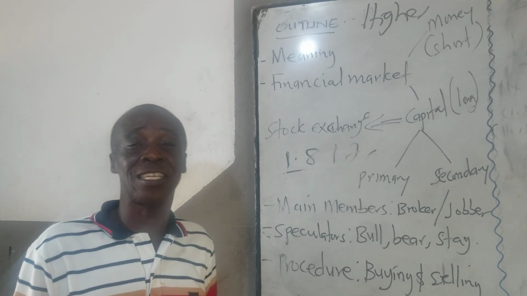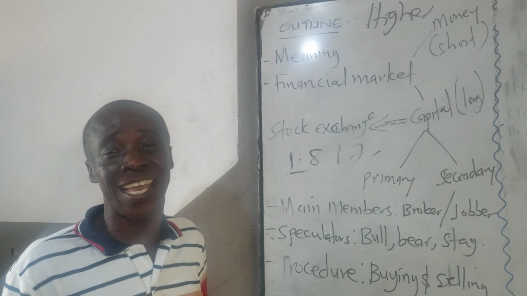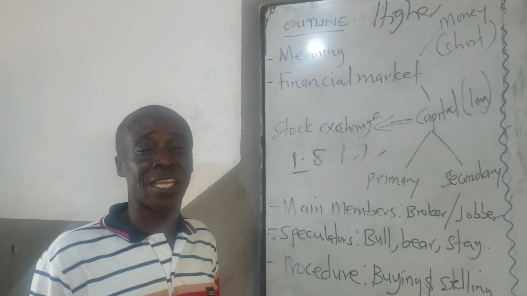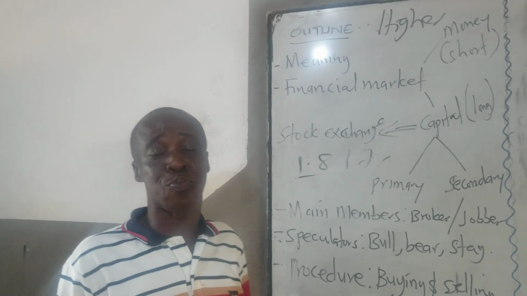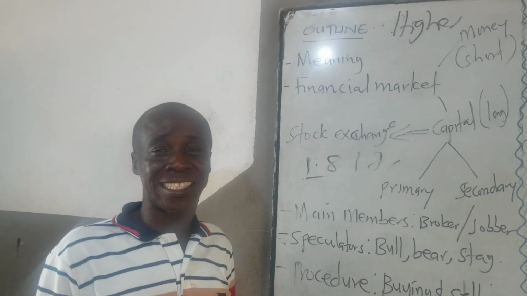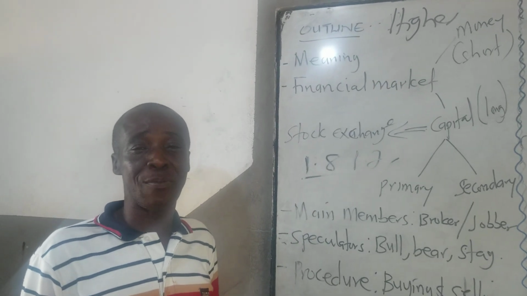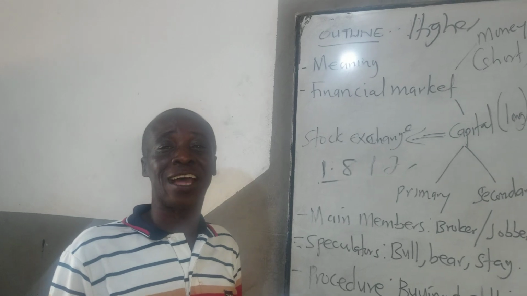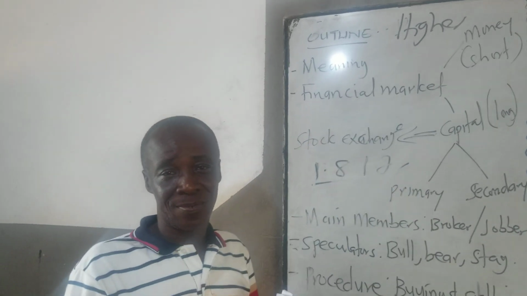That's why we said that the stock exchange is a secondary market. Remember, if you have a secondary market, it means you have a primary market. And remember, when we say primary market and secondary market, it doesn't mean that there are two structures there.